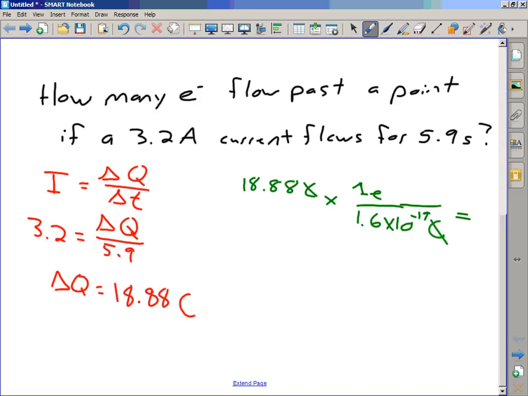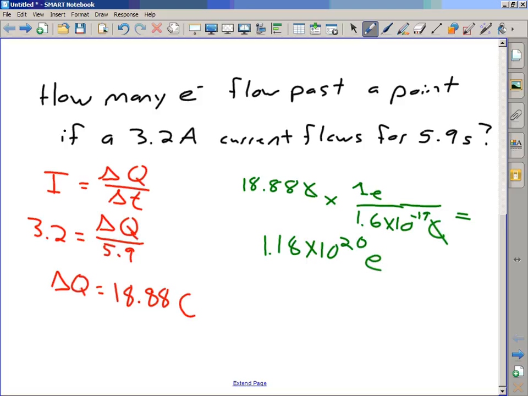I'm using dimensional analysis to keep it straight, what goes on bottom, what goes on top. Do I divide, do I multiply? How many electrons ended up coming past here? 1.18 times 10 to the 20 e, standing for electrons.